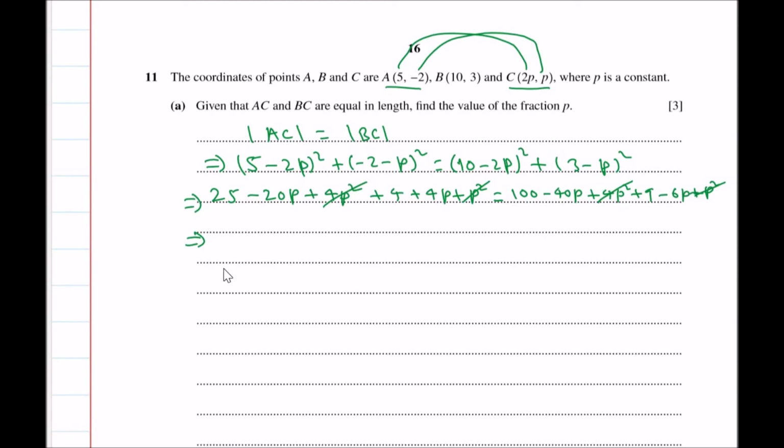Let us write 25 minus 20p plus 4p, that gives us minus 16p, plus 4, is equal to 100 minus 46p, because minus 40p and minus 6p is minus 46p, plus 9 as it is.